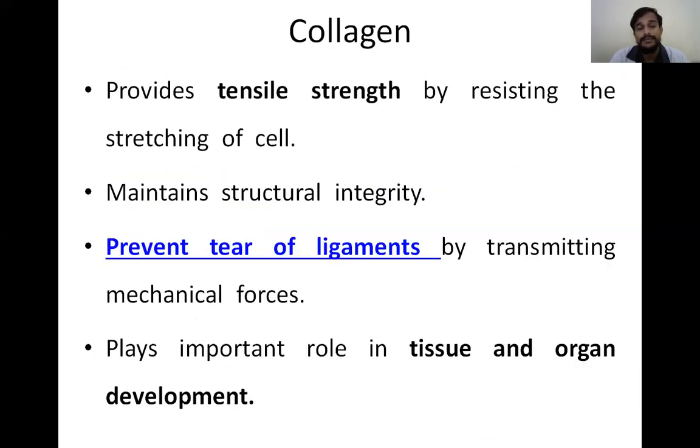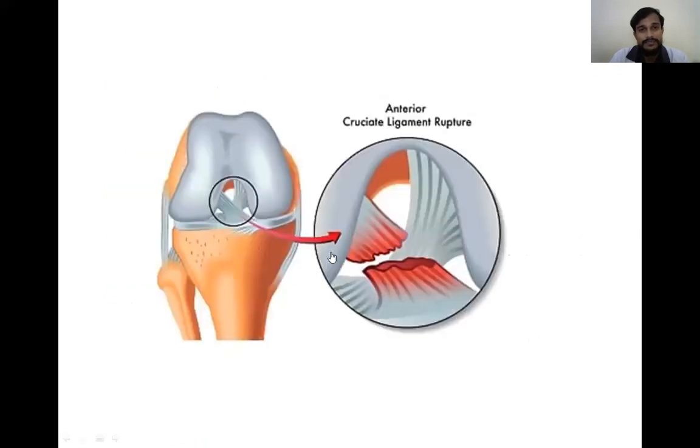Coming to the collagen, it provides tensile strength by resisting the stretching of the cell. So collagen is a very hard protein, so it will provide strength to the cells. So it maintains structural integrity, and it prevents tear of ligaments by transmitting mechanical forces. So you know the tear of ligaments.